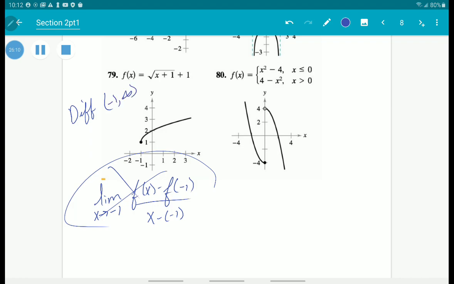Okay. Now notice that the domain is different. The domain is the closed interval from -1 to infinity. So just because a function is continuous doesn't mean it's differentiable everywhere. It cannot be differentiable at a particular point. Now we could go into further detail and talk about left differentiability and right differentiability.